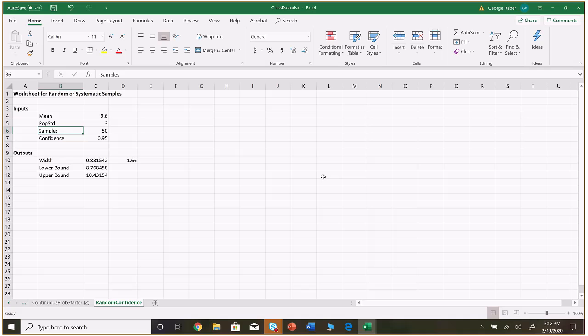As the confidence level goes up, the confidence interval gets wider, gets bigger. So as this number gets bigger, the interval gets smaller. As this number gets bigger, the interval gets bigger. Okay. So those are your trade-offs.